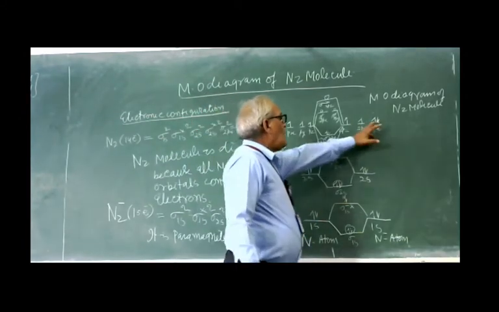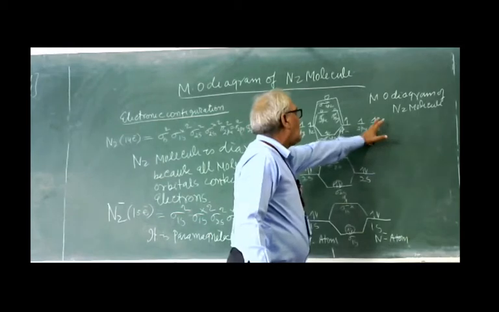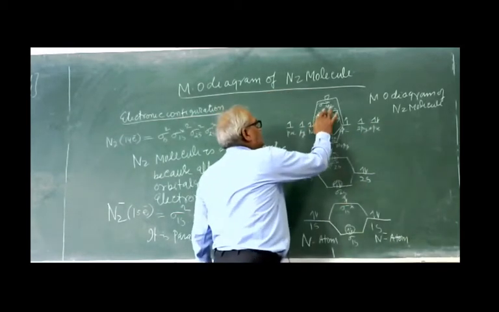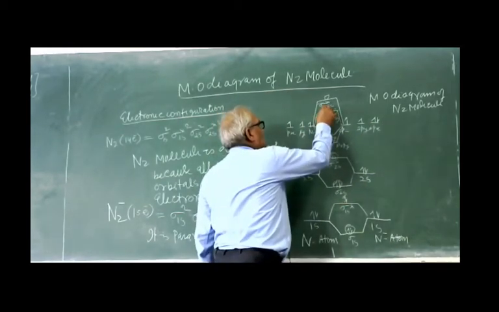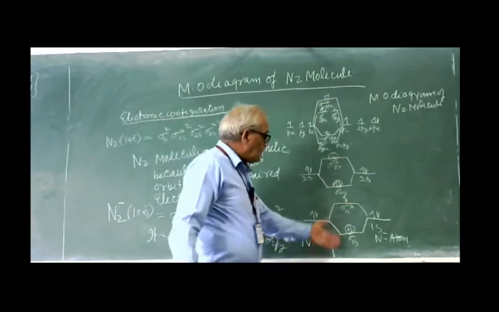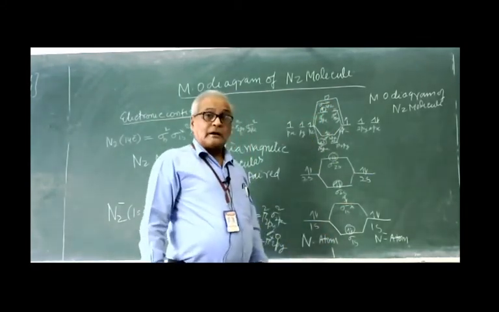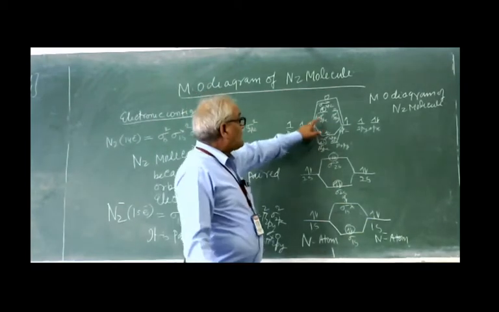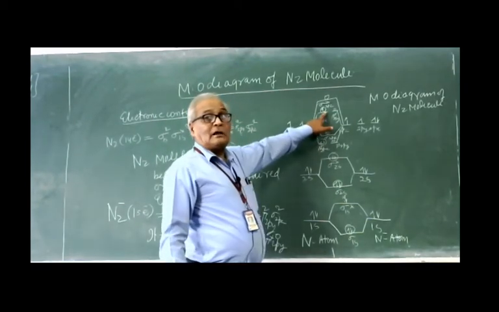Now this extra electron will come here, like this. Now see, all molecular orbitals contain paired electrons, but there is one unpaired electron.